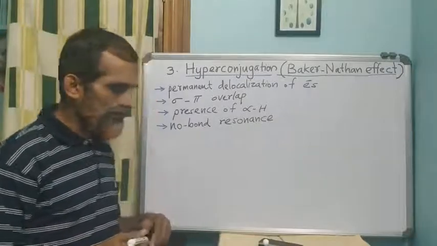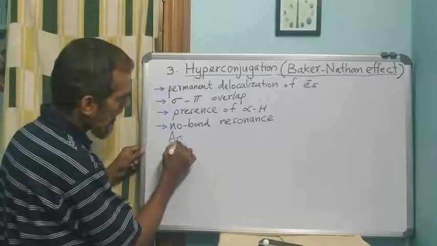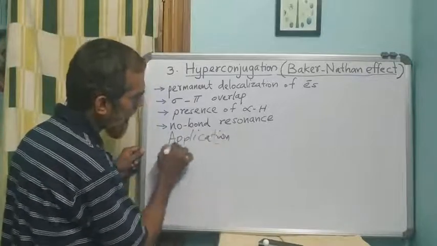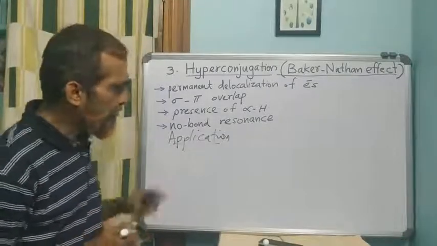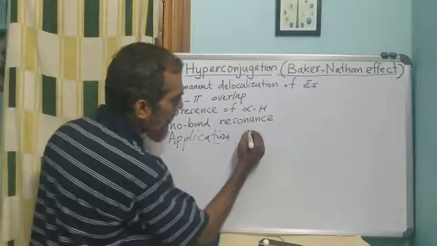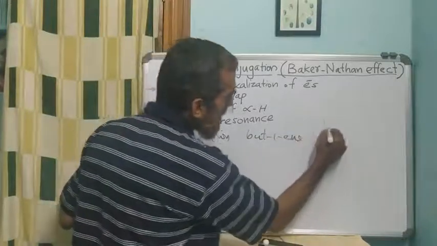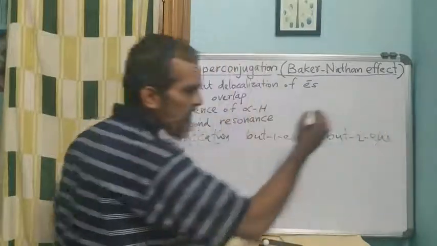Now finally, on to application. What are the applications of hyperconjugation? In this context, we have only one application to discuss. That is to compare the stability of but-1-ene and but-2-ene. Which is more stable?